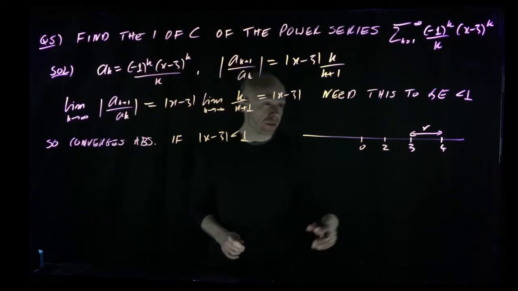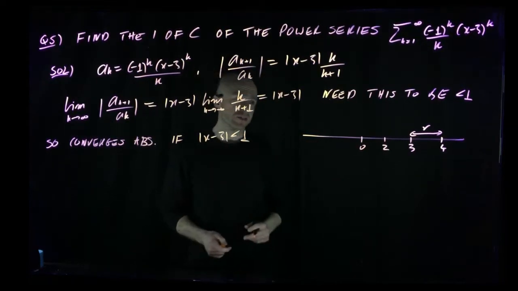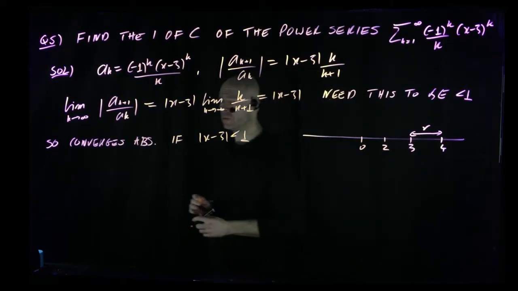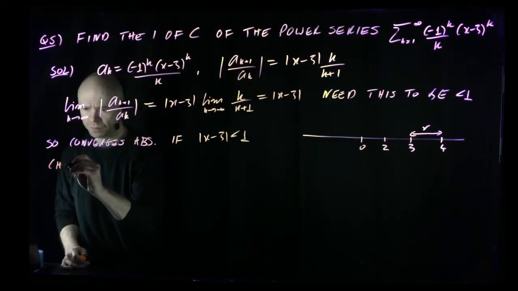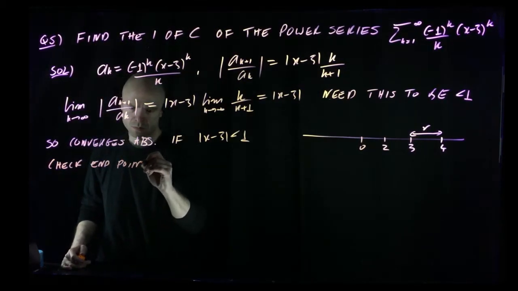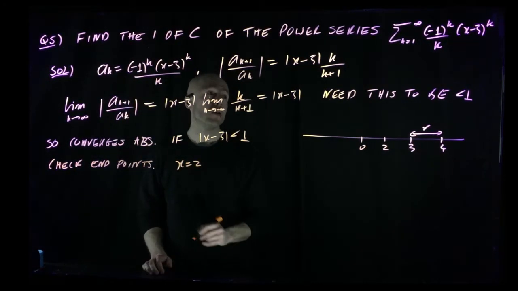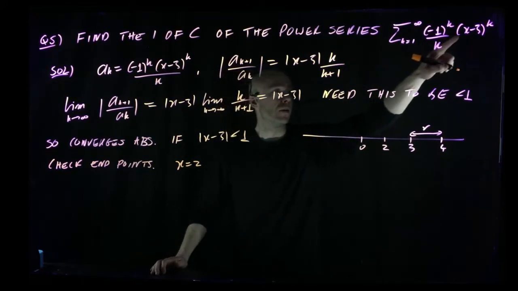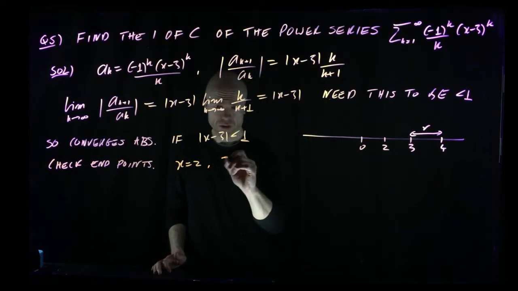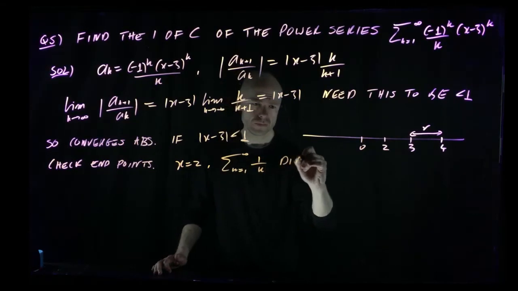And the interval of convergence, well, we have to figure it out. It's the set of all the points for which this series converges. It definitely converges if we're strictly between 2 and 4, but we need to check what happens at the endpoints. If we put in x equals 2, then we have (-1)^k times (-1)^k, which is just positive, so our series becomes this, which diverges.